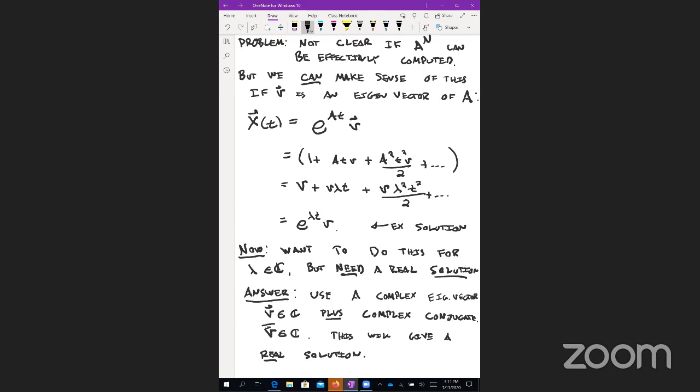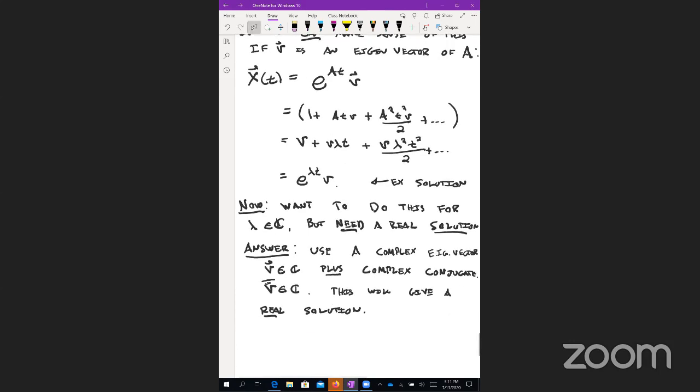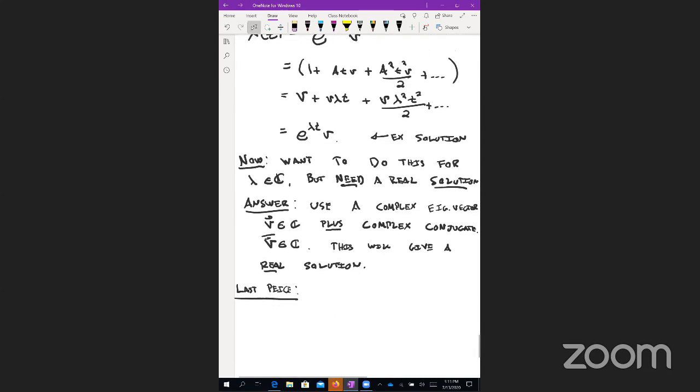So there's only one piece which we need to understand then, right? So one last piece. And that's the following. What is the complex exponential?